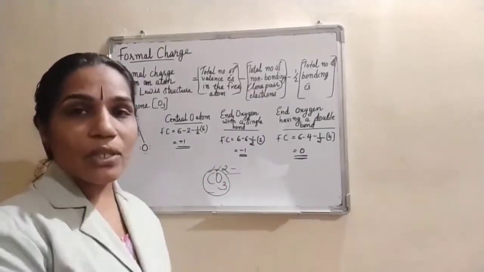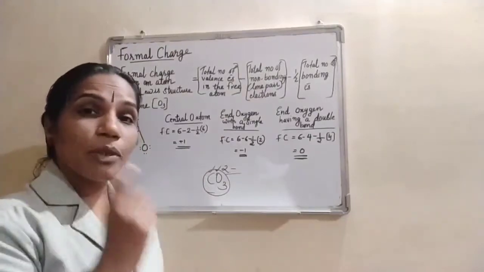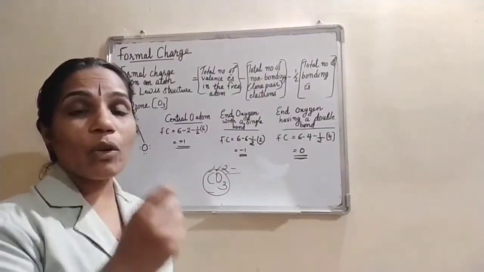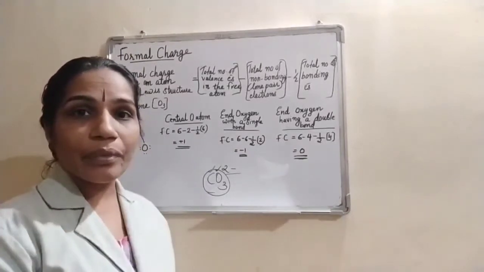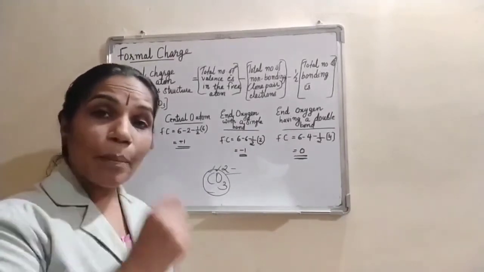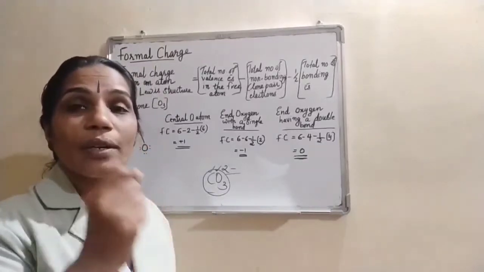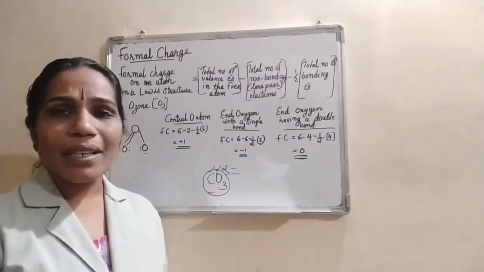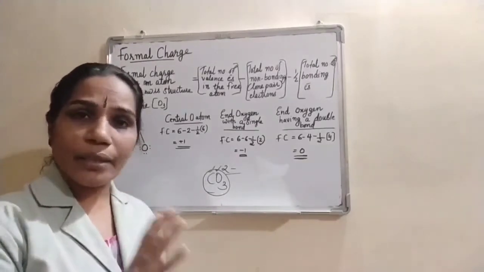What is formal charge? Formal charge is the difference between the total number of valence electrons in a free atom and the number of electrons assigned in a Lewis dot structure. It is the charge assigned to an atom.